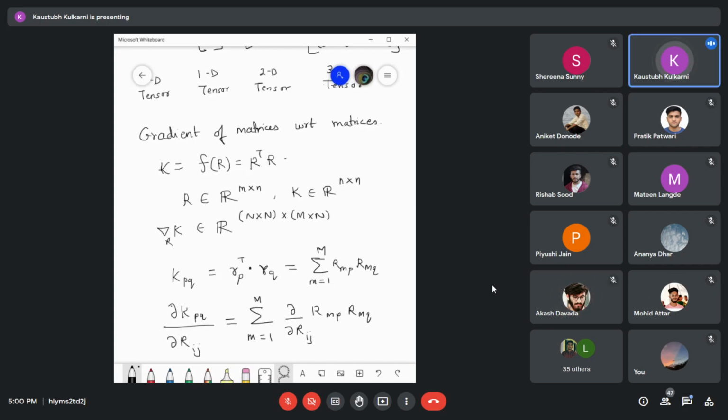Okay, K is the product of R transpose with R. I should have renamed this as A or something, but let's say R is the name of the matrix and this R means the real numbers.